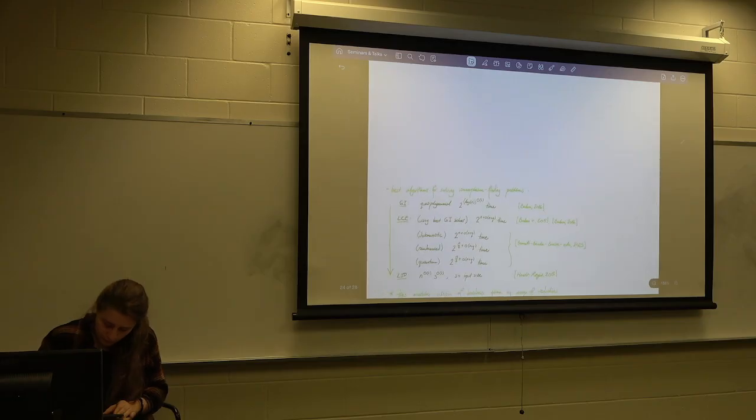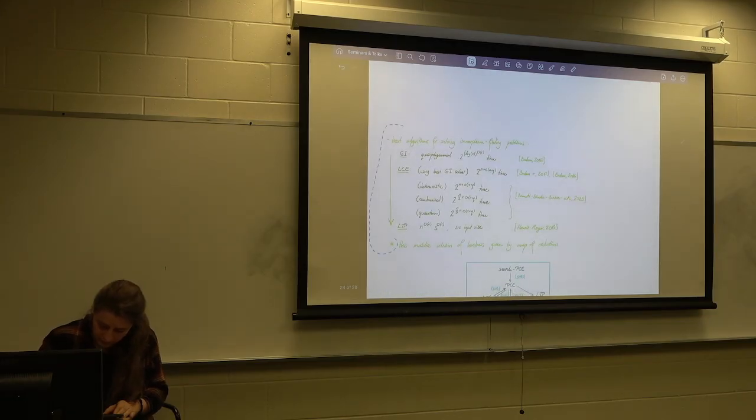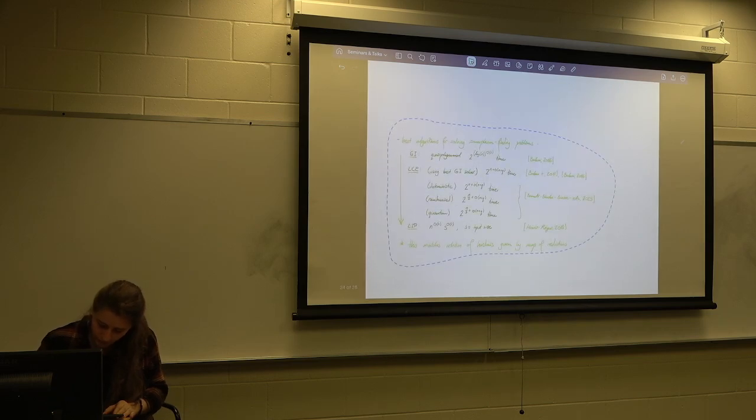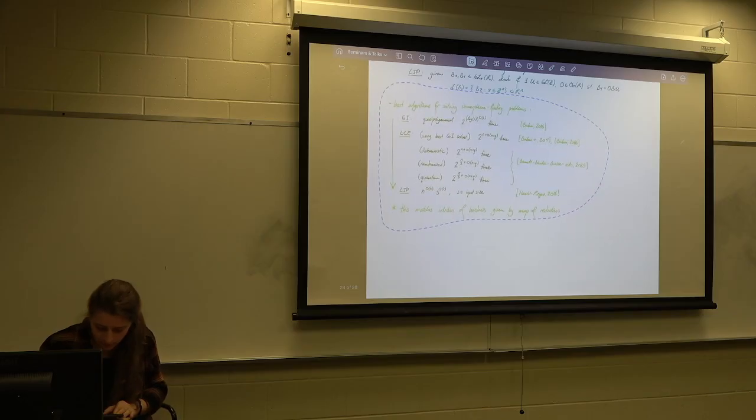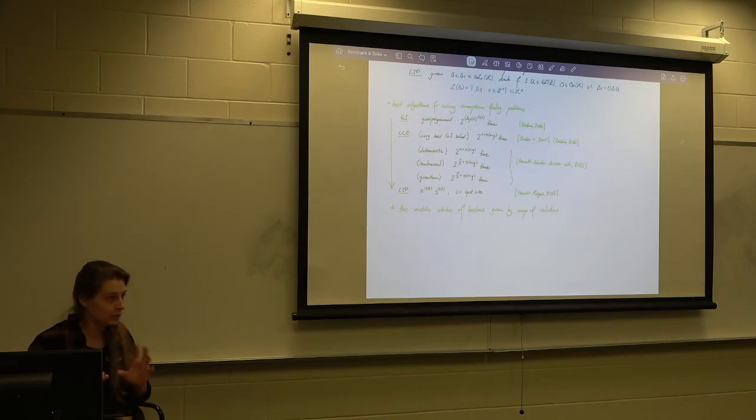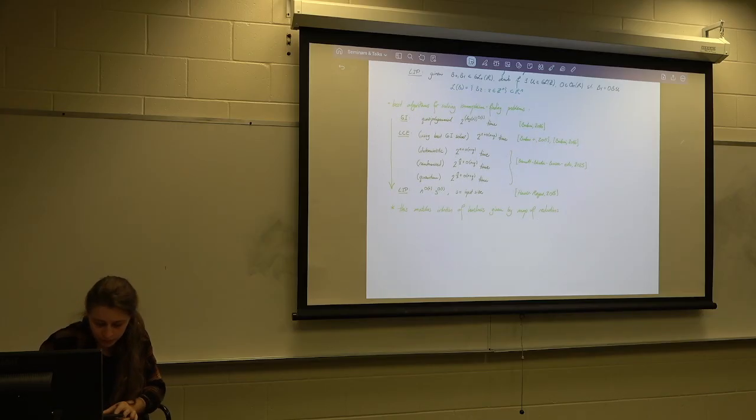So for that, I showed you this list of algorithms, right? So these are the best algorithms we have for solving these isomorphism finding problems. So for GI, I didn't recall it here, but if you remember the graph isomorphism problem, this has the fastest, best known running time out of all of them.